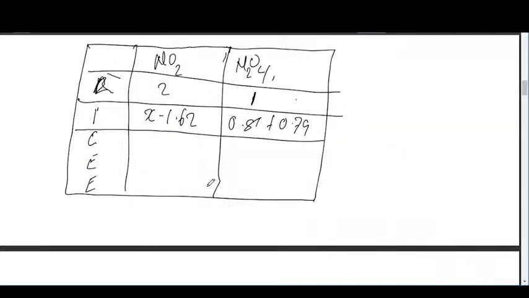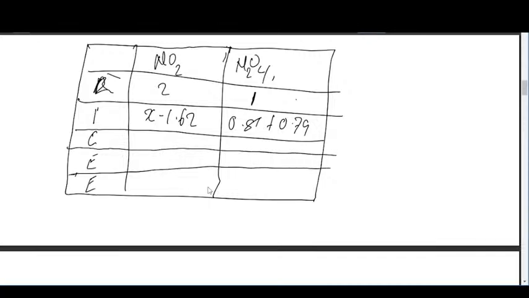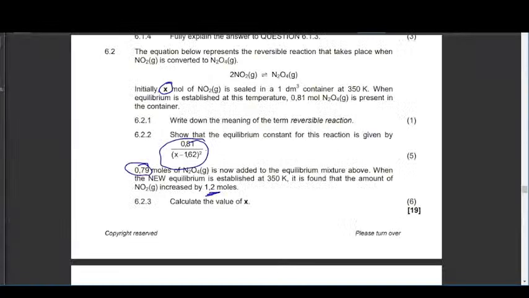Let me first draw a line. At first, it was like this, x minus 1.62 plus what was added, 1.2.